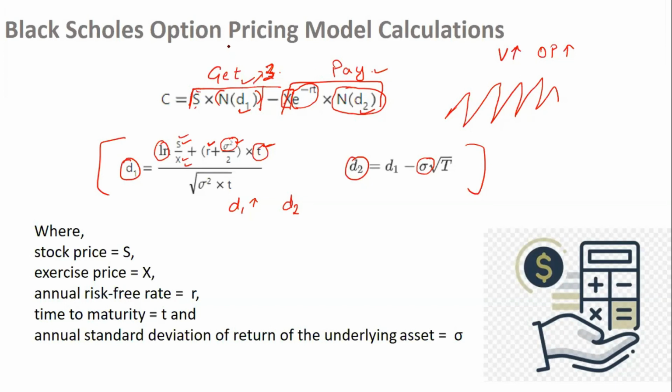So what you are getting is going to increase, let's say 20%, but what you are paying is going to increase only by, let's say, 10%. So if you see what you get minus what you pay, your call option should go up in value. So when volatility goes up, your call option price will go up in value.